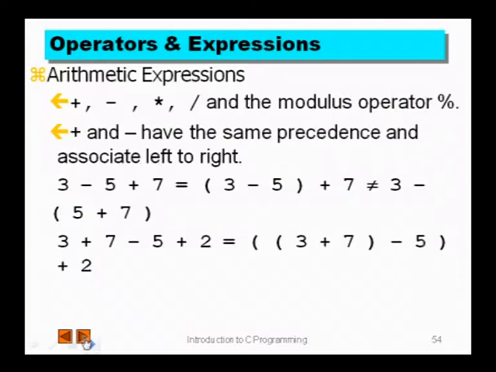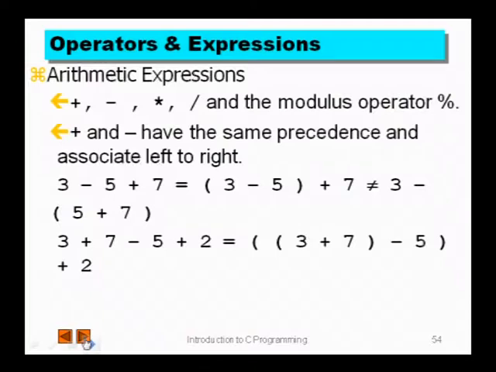Similarly, you have another example, 3 + 7 - 5 + 2. So 3 plus 7 is 10, 10 minus 5 is 5, 5 plus 2 is 7. This is the same as ((3 + 7) - 5) + 2, where the innermost parentheses, 3 plus 7, is evaluated first, then 10 minus 5, as it is enclosed again in parentheses, then 5 plus 2 is 7.